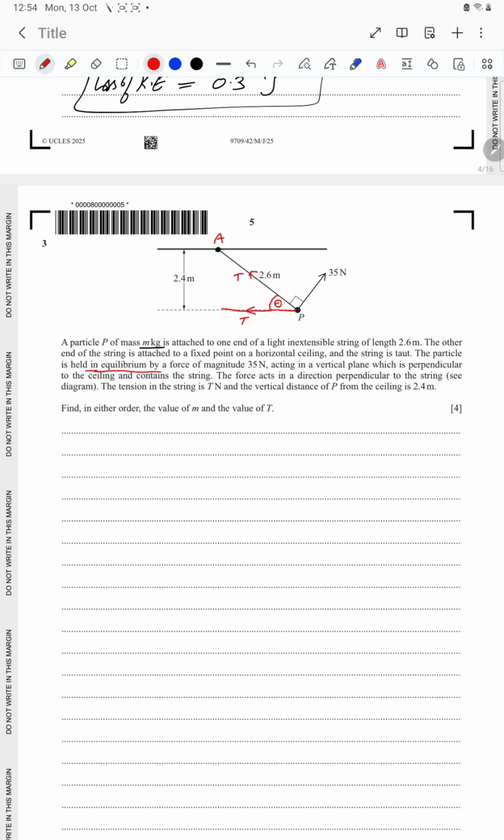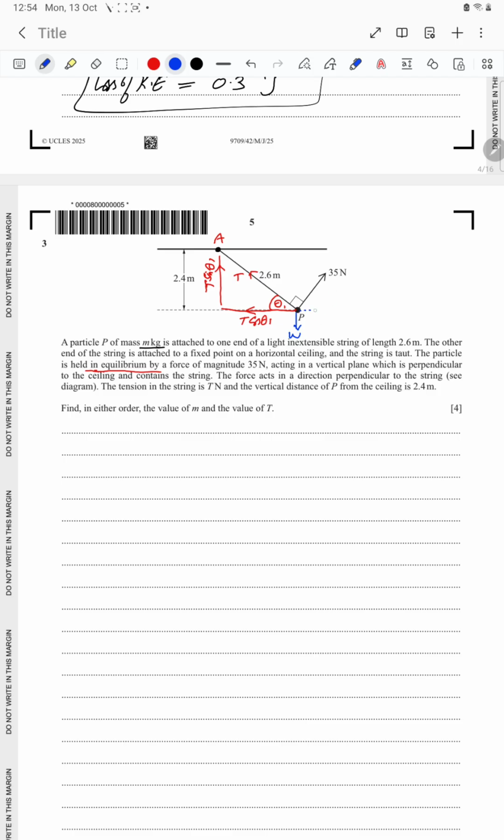Suppose this is theta 1. The components will be T cos theta 1 and T sine theta 1, right? Now we have to resolve the weight, which acts only in the downward direction. The weight of particle P is W equal to mg, which is 10m.